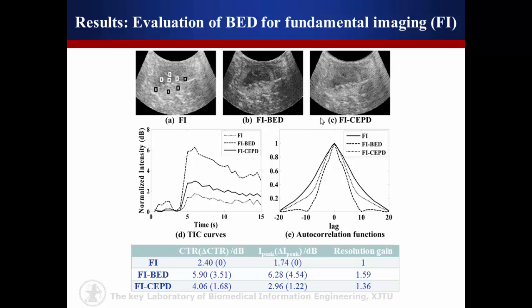and A, B, C are the CEUS images, taking the rectangles in A as tissue region and control region. CTRs were calculated. Meanwhile, TIC curves were acquired and plotted relative to the baseline before the injection of contrast agents. Furthermore, to quantify the resolution, autocorrelation functions were also computed.